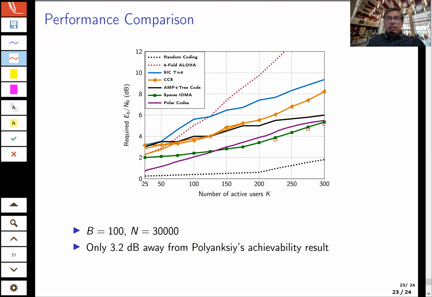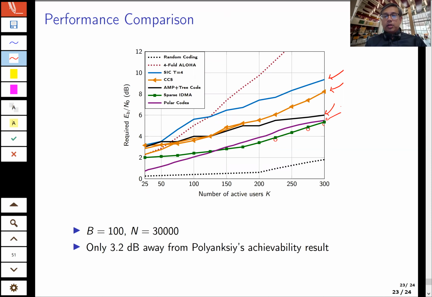And when we optimize this, here is the result we get. Remember, I just showed you the result for serial interference cancellation with t equal to 4. That was in the last slide. Now, in the earlier parts, you may have seen results for coded compressed sensing. And this is the result for approximate message passing with the tree code. I also talked about this polar code, right?